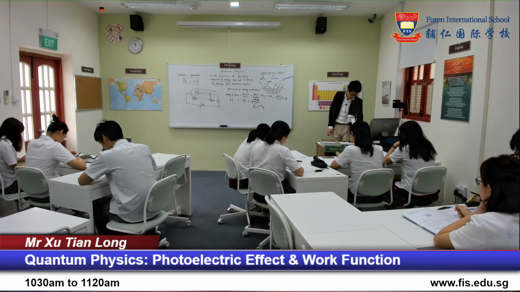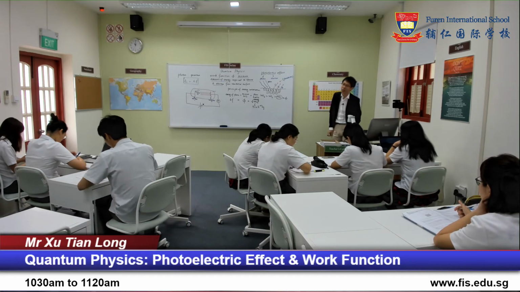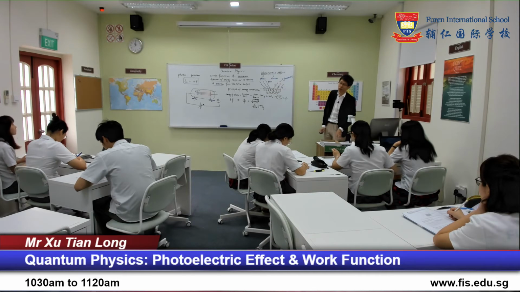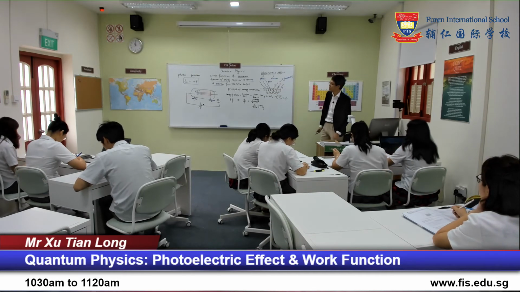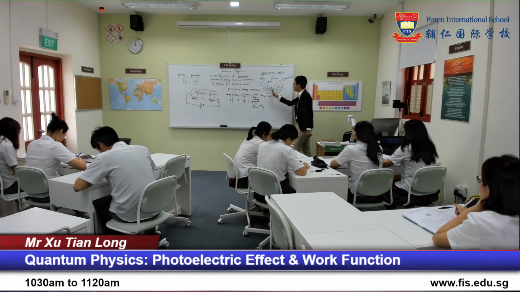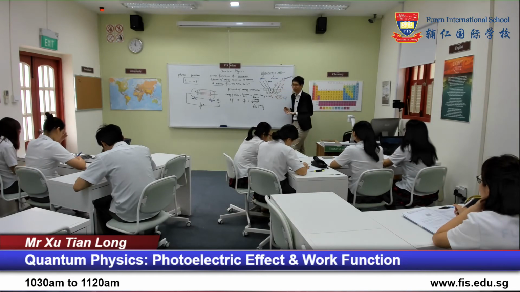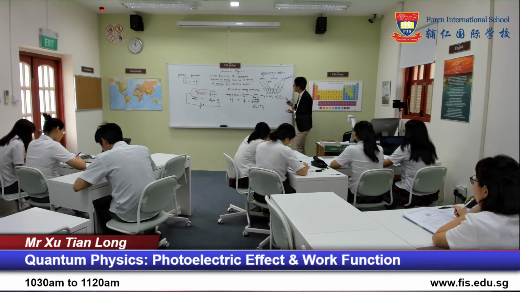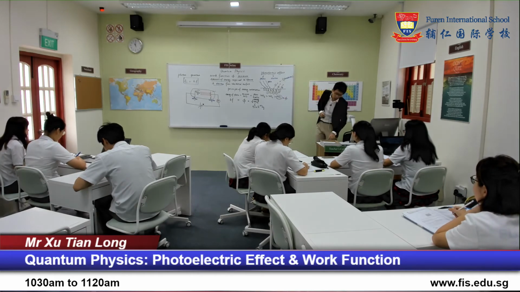And what does the work function depend on? The type of metal. You know that for different metals, the metallic bonds have different strengths. So it depends on the type of metal.